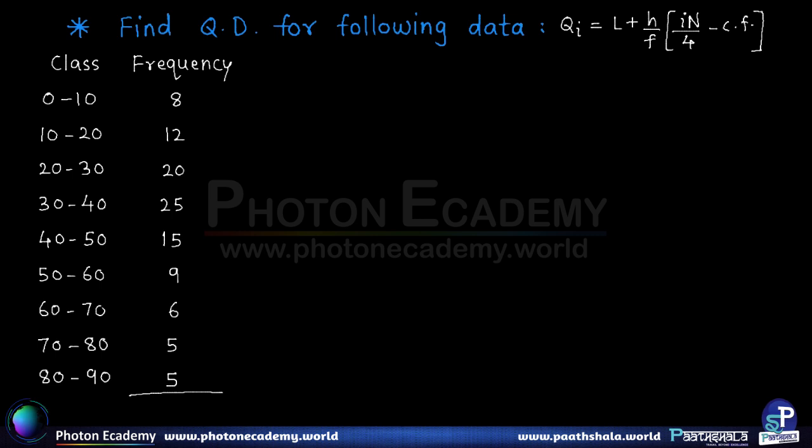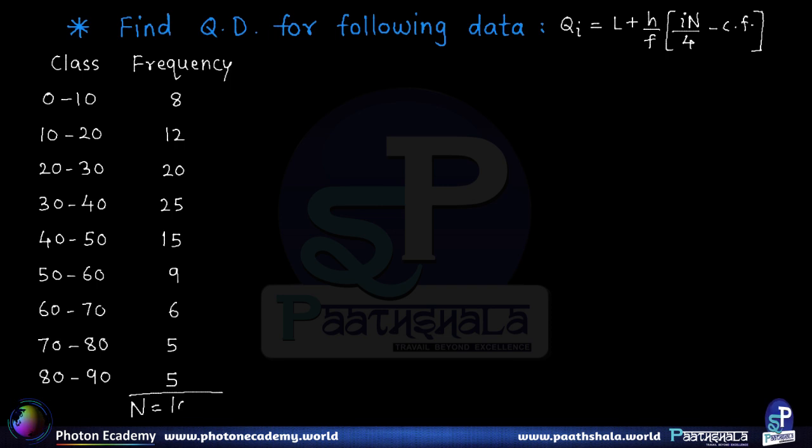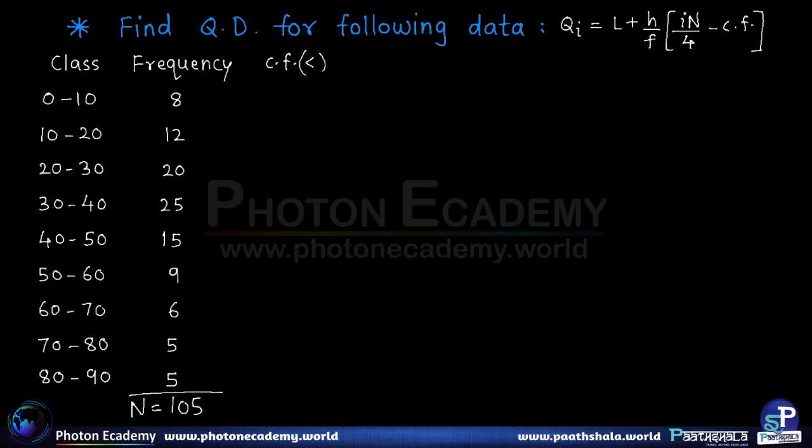If we add up the frequency column to get the total number of observations n, it turns out to be 105, and we have to prepare the cumulative frequency of less than type to locate where the respective number of observations lie. For the first quartile we would need n by 4, and for the third quartile we would need 3n by 4, isn't it?